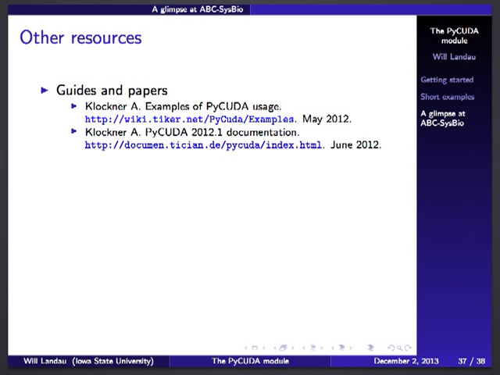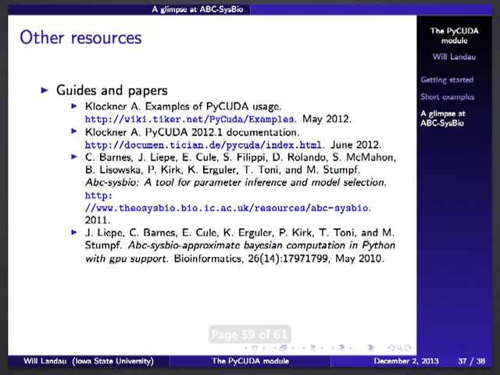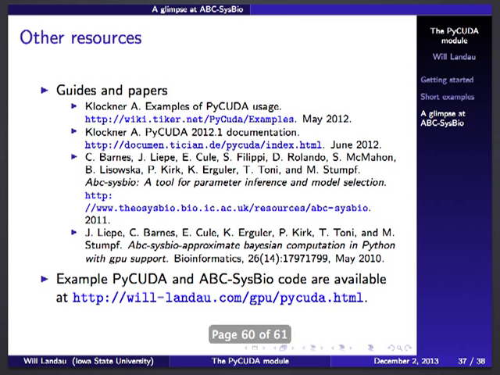He's responsible for the documentation as well. There's a lot of documentation and examples on PyCUDA. You can read more about ABC-SysBio in this paper. And all of my examples are online on this page.